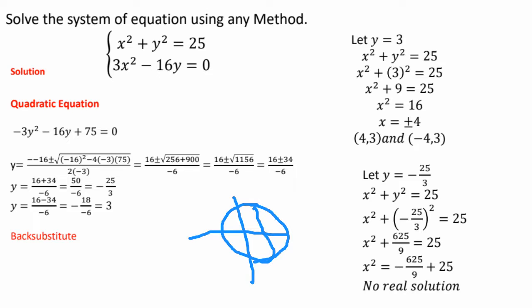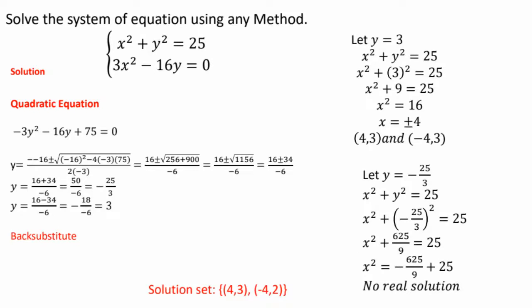Our points are (4, 3) and (-4, 3), so we're looking at something like this, where our parabola is crossing our circle at 2 points. So again, our solution set is (4, 3) and (-4, 3).